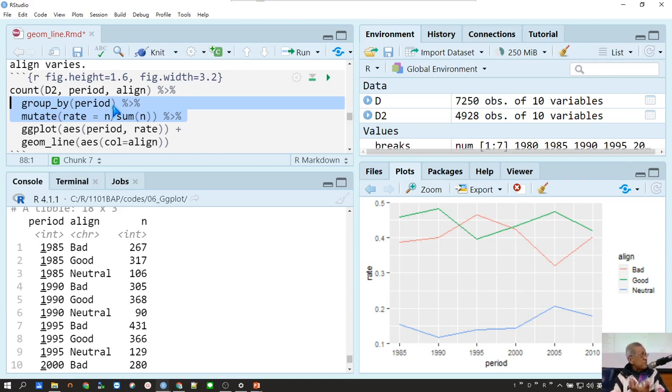Would it be the same? They would not be the same, right? Okay. Anyone? Okay. Because in each year it's going to be different counts. But we just want to see the comparison.